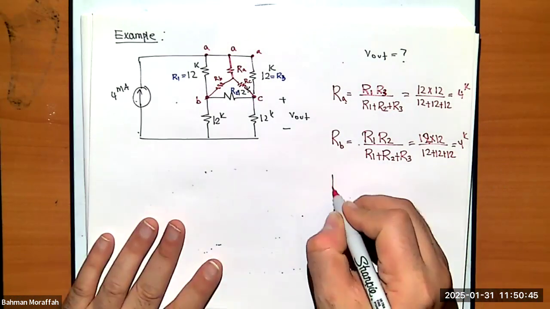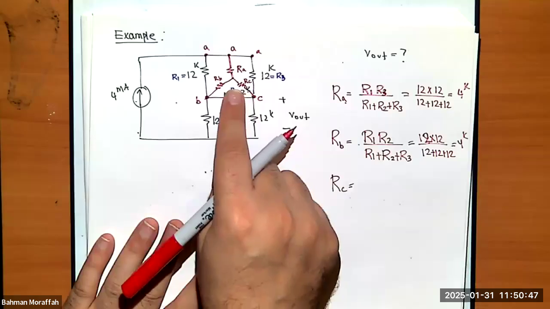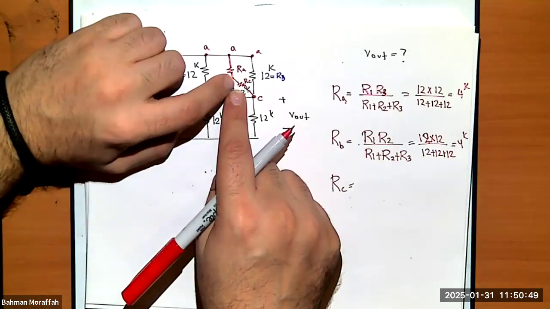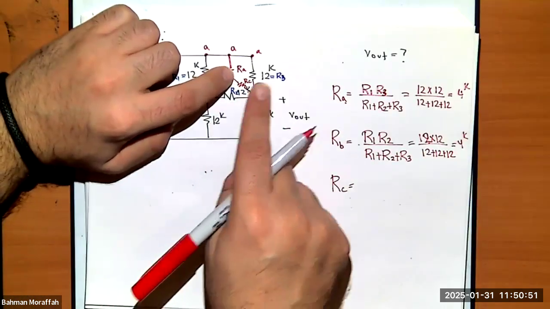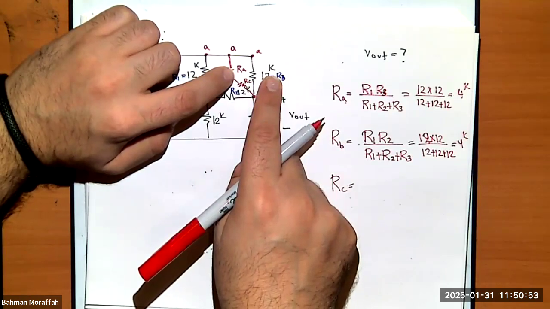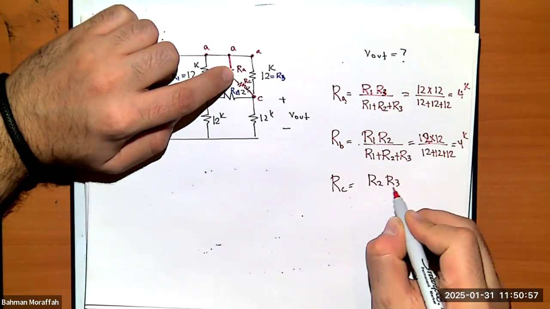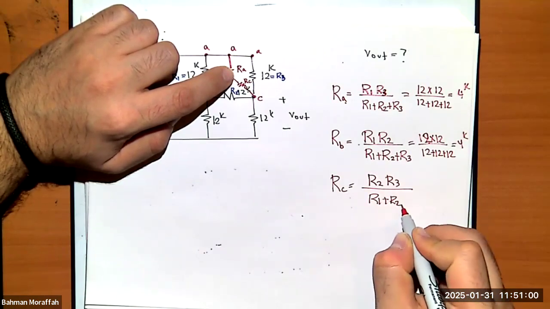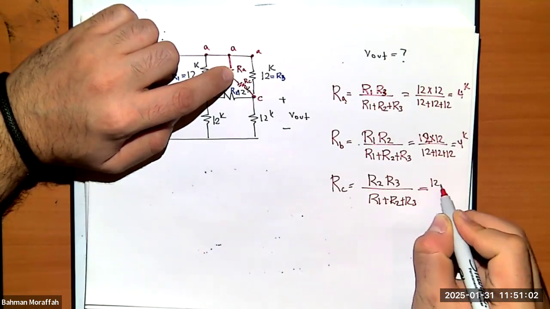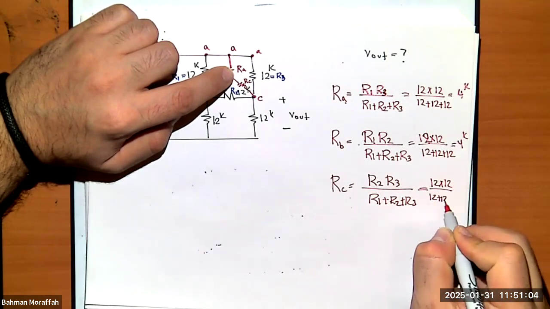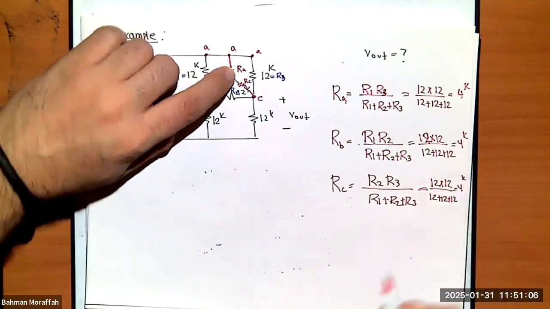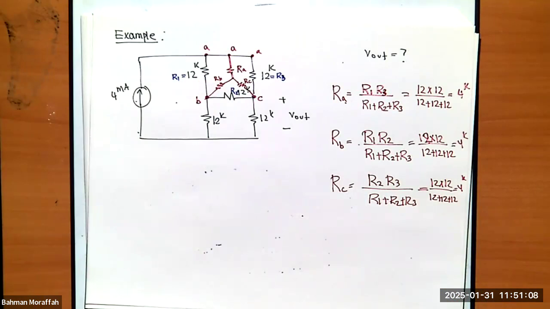How about RC? If you look at RC, RC is in the middle of R2 and R3, right? So that would be R2 R3 divided by R1 plus R2 plus R3. 12 times 12 divided by 12 plus 12 plus 12, which is 4K.